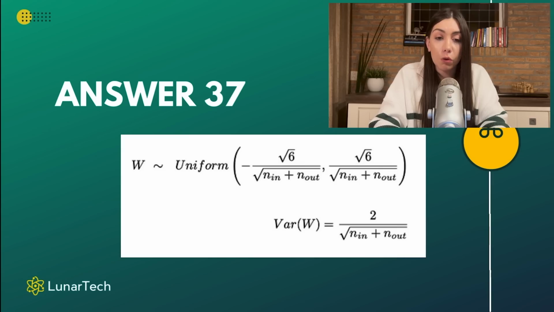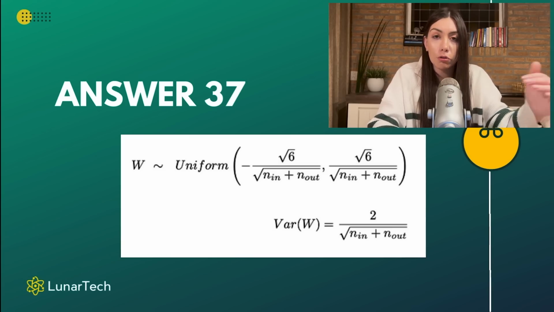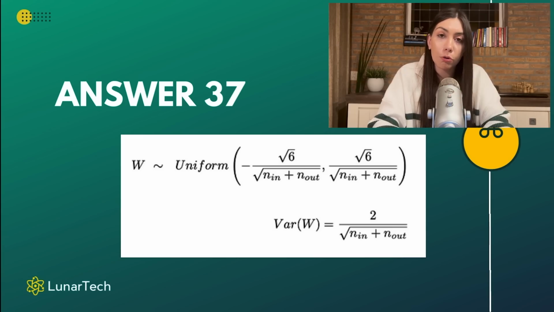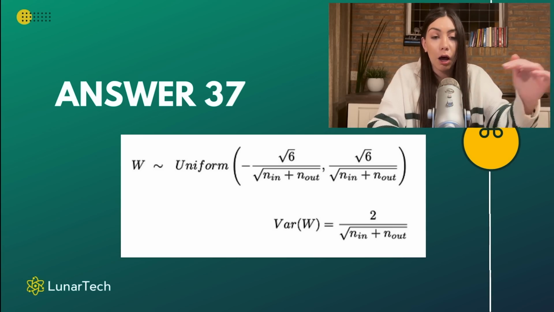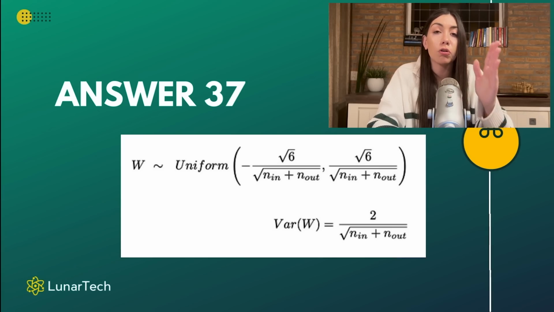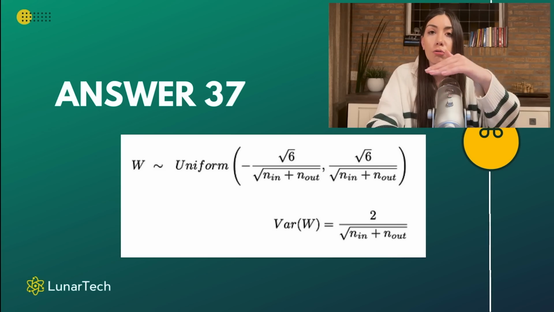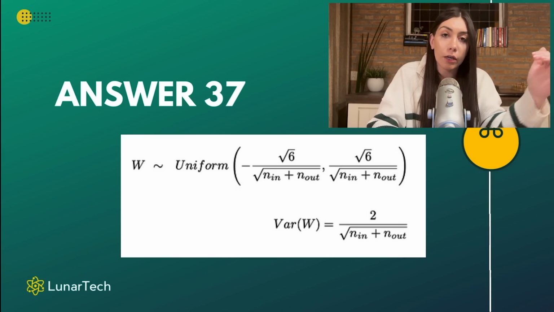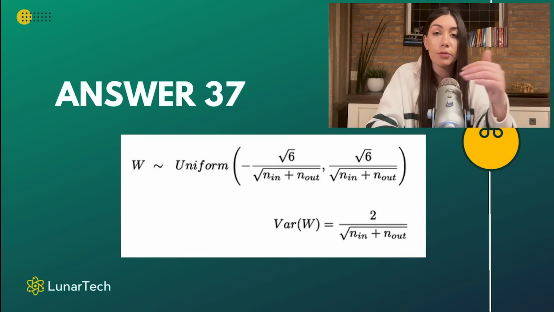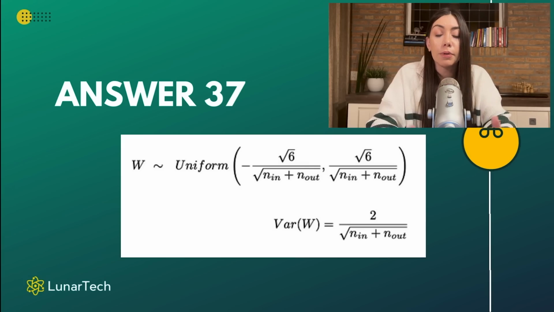So the way it works is that it looks at n_in, which is simply the number of neurons as the inputs that go into that layer, and n_out, which is the number of output neurons as part of that layer, because in each layer we have neurons that come in and neurons that come out. And this n_in that describes the number of neurons that come in and n_out that describes the number of neurons that go out are used in order to define the distribution of these weights.